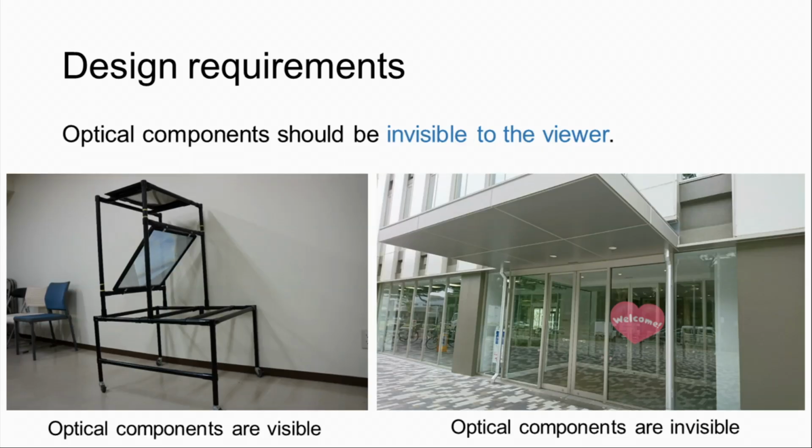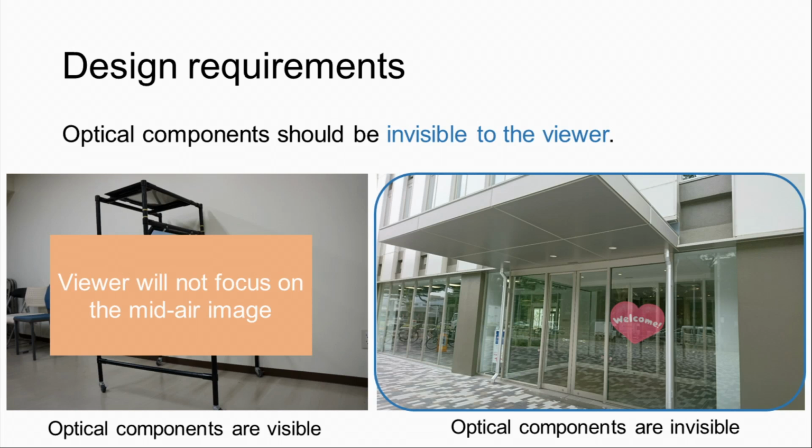Third is optical components should be invisible to the viewer. If optical components are installed in front of viewers, it is possible to view the mid-air image in front of them, but the optical components are also visible. When the viewers can see the light source, they will not focus on the mid-air image. Therefore, we need to hide the light source.